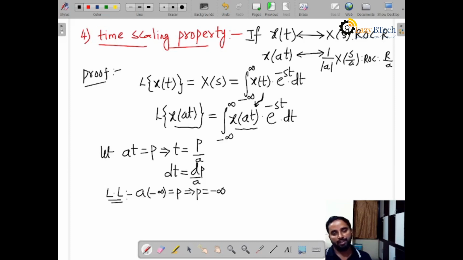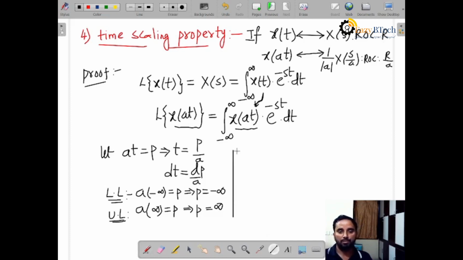Minus infinity multiplied by a, nothing happens to it, same limit minus infinity. And the upper limit a times plus infinity is equal to p, so p will be plus infinity. All these we are going to substitute in the above integral.